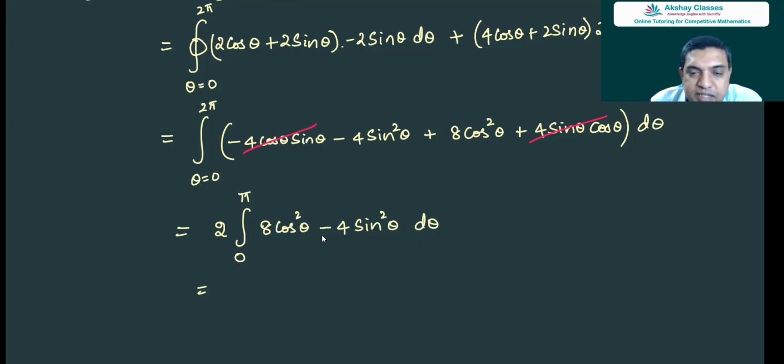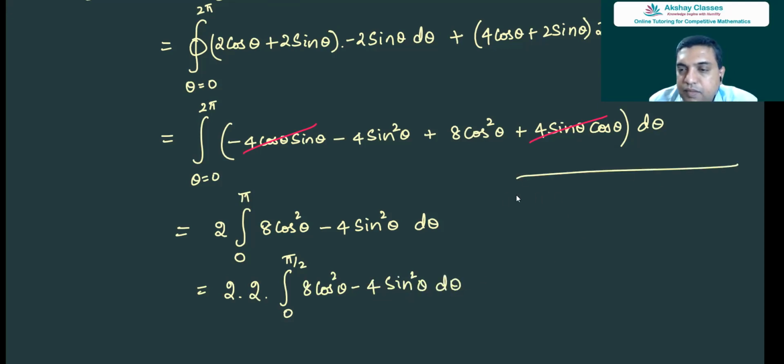Because again, pi minus theta, cos of pi minus theta is minus cos theta, but when you square, you get the same quantity. Sine of pi minus theta is sin theta. So again, we do integral 0 to pi by 2, 8 cos square theta minus 4 sine square theta.